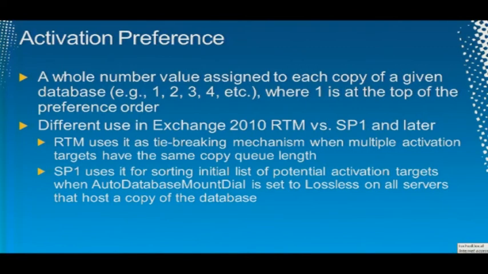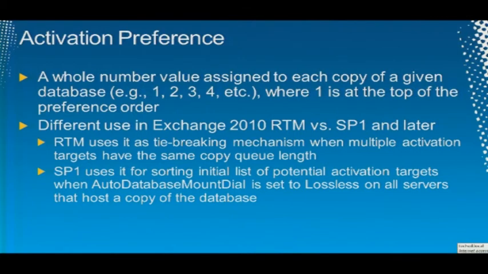Now, how we use this differs based on whether you're running RTM or SP1. In RTM, it's basically used as a tiebreaker. When we go through best copy selection, we sort the list of available copies to choose from based on the copy queue length, based on the number of log files that haven't been copied from the active to the passive.